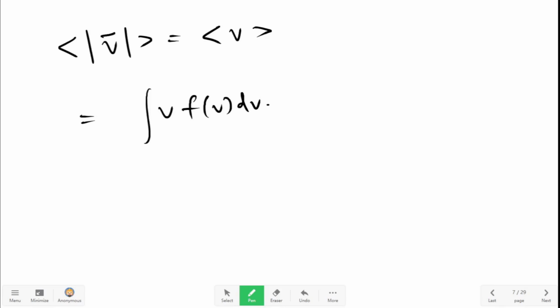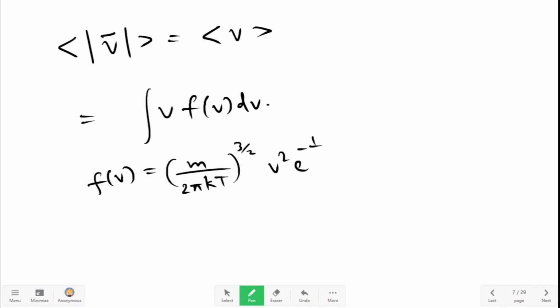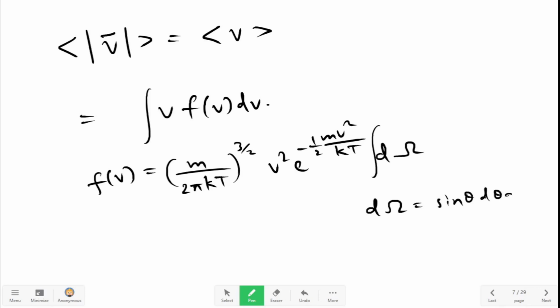F of V is equal to m by 2 pi kT, the whole raised to 3 by 2, V squared e raised to minus half m V squared upon kT, d omega, integral over d omega. Here d omega is equal to sin theta d theta d phi.